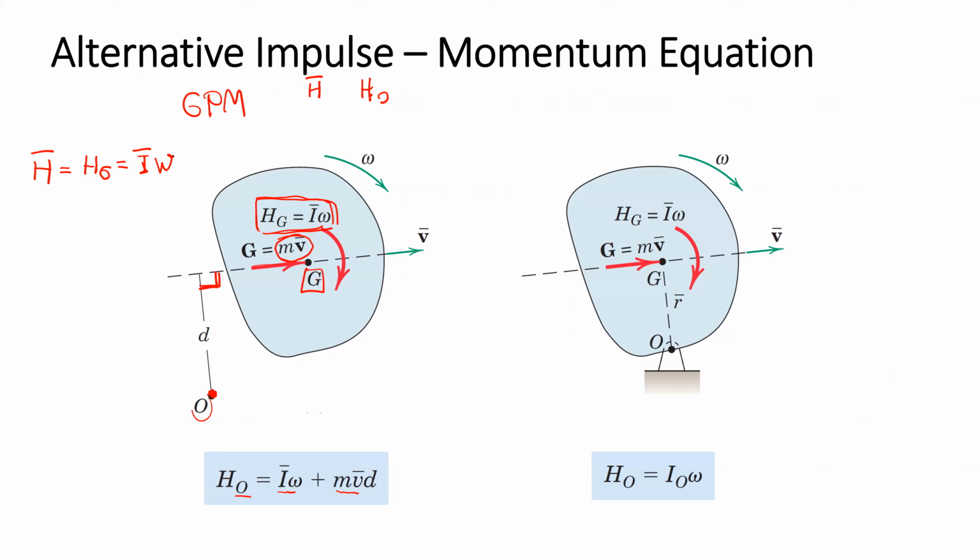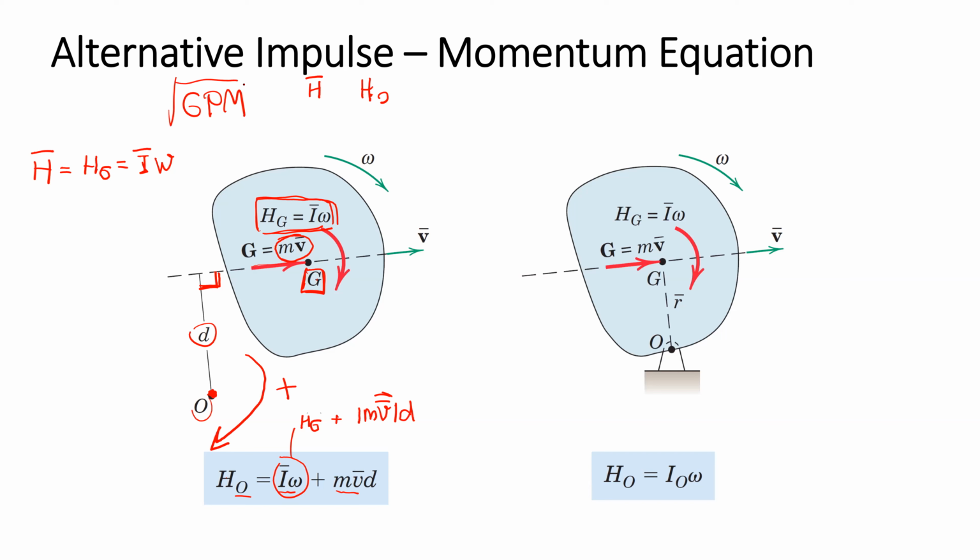But if our reference point is changed from the center of gravity G to any point O, the angular momentum is computed from the angular momentum about point G plus the magnitude of the linear momentum multiplied by the orthogonal offset, to create the HO that is positive in the clockwise direction.